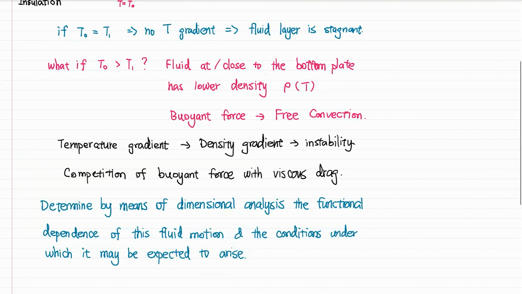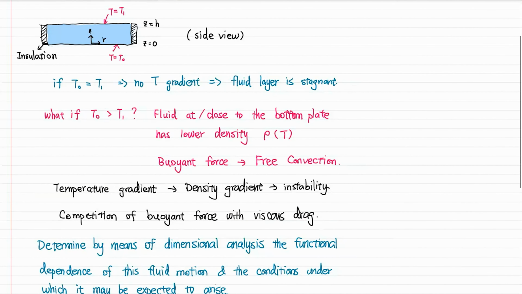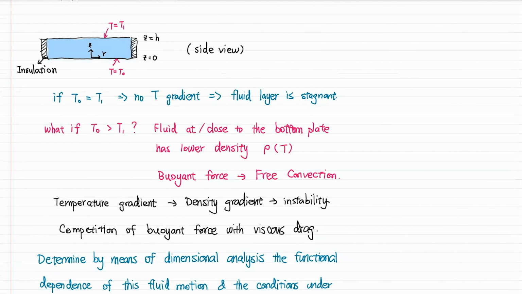So again, the question is rather simple. If you have a thin layer of stagnant fluid, and the bottom and the top plate have the same temperature, there would be no temperature gradient, and the fluid layer would remain stagnant. But what if the bottom plate has a higher temperature than the upper plate? Then you can expect that the fluid closer to the bottom plate would have a lower density, because the density is a function of temperature.